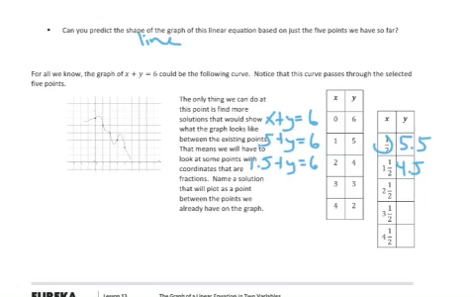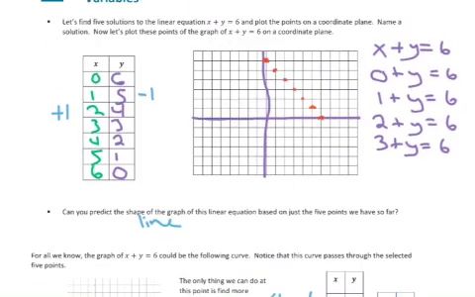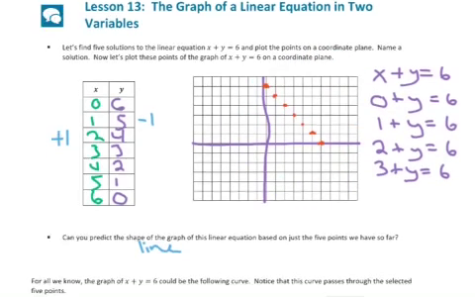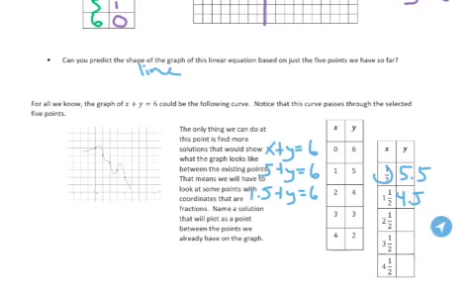So now I want you to pause the video and try to fill in for 2.5, 3.5, 4.5 for x. Come up with your y values. Once you're done doing that, I want you to go back to the top and plot on the same coordinate plane what you had when you completed this table. Once you do all of that, then you can press play and check your answers. So pause your video now, please.